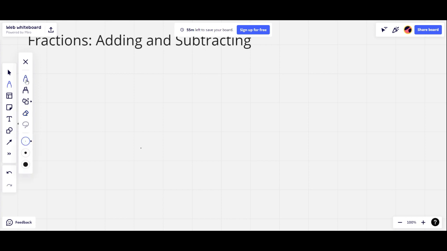Now, if you have a question where the denominators are the same, 3 over 7 plus 4 over 7, what you do is just a normal addition, 7 over 7. Of course here, this is a whole number, but let's ignore that.